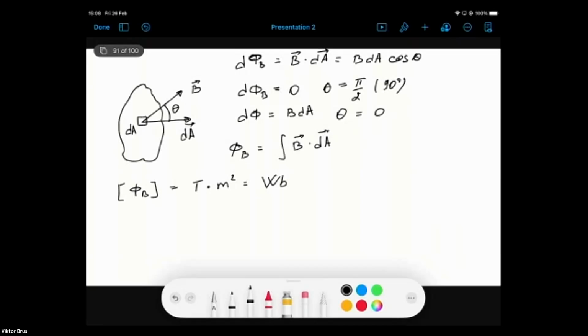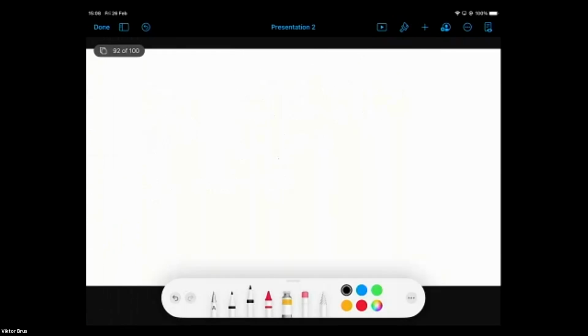So now let us try to consider some specific case for finding magnetic field flux. And for this, we will go to another slide where we will have such a system.